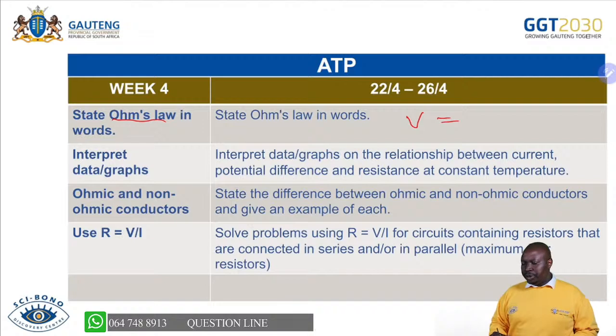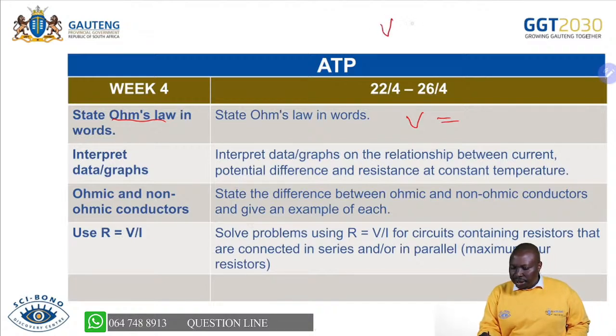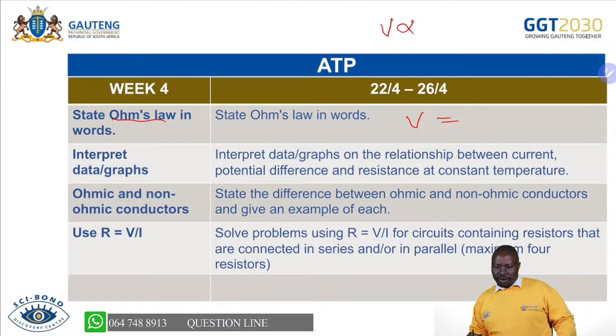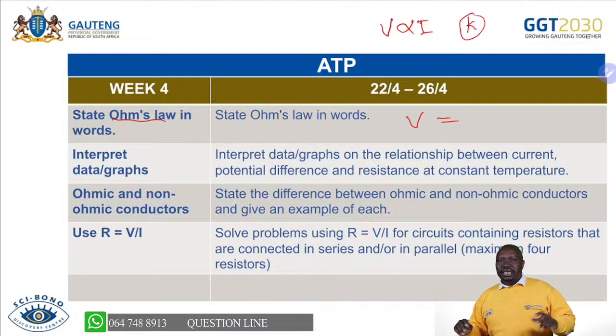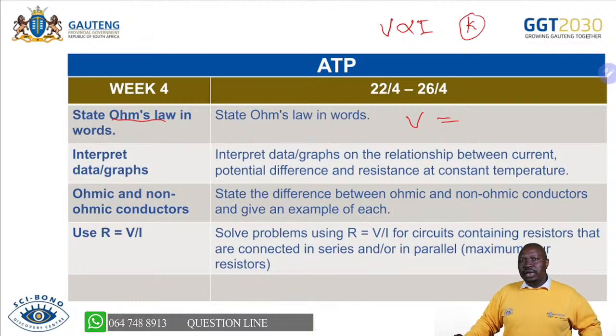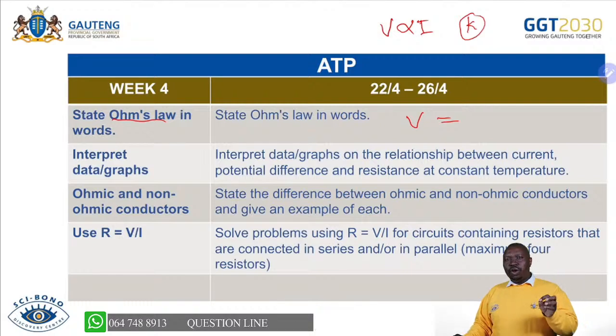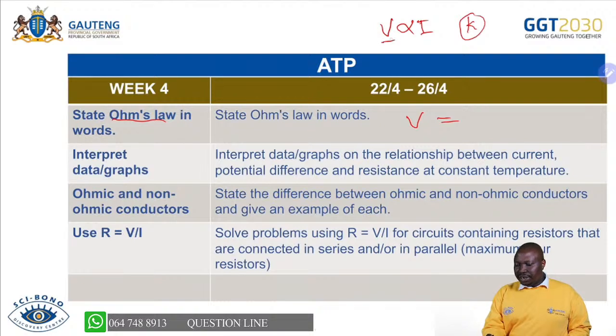You can just say the potential difference across the conductor is directly proportional to the current, provided the temperature remains constant. So the main thing is that our resistors must not be too hot, otherwise we won't be able to obey Ohm's law. In order for us to obey Ohm's law, the temperature must remain constant.